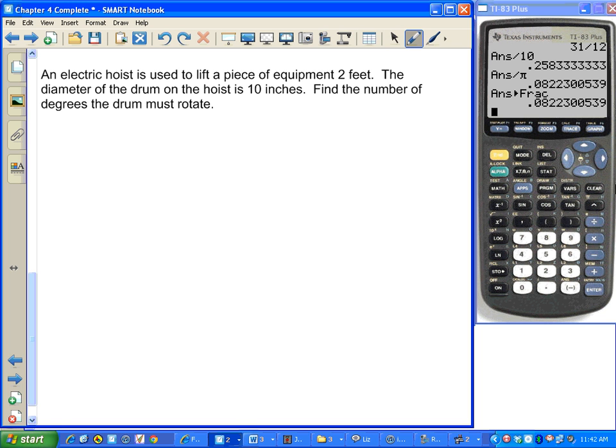Usually when you have word problems, it might help you to draw a picture. So I've got this drum. It's 10 inches across, and there's a chain on it. This chain is wrapped around it here. The chain's going down, and it's attached to some item. And I need to raise this from here up to here, where this distance is 2 feet.